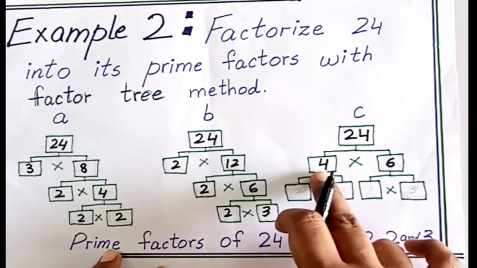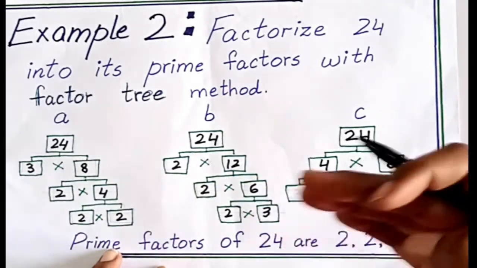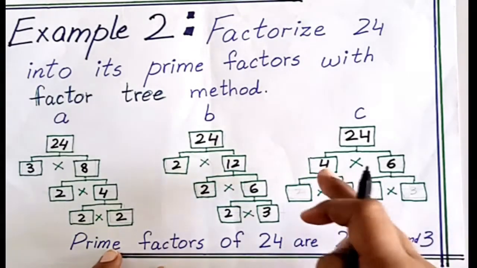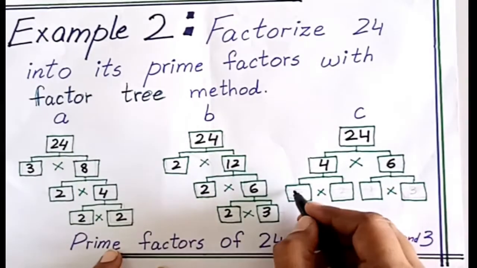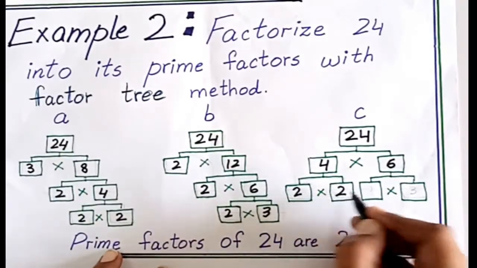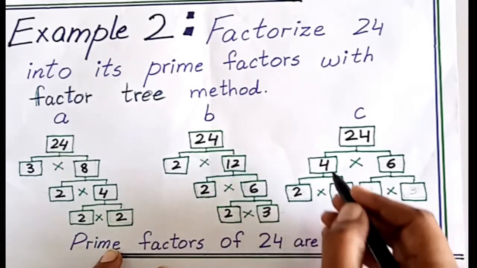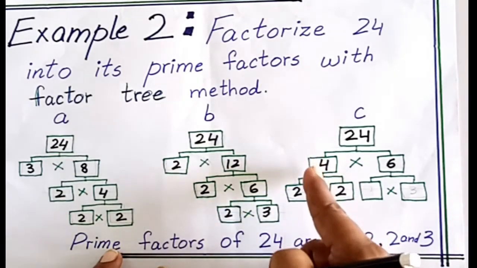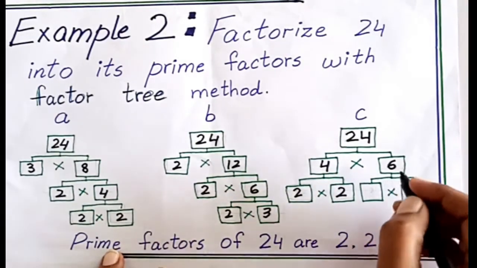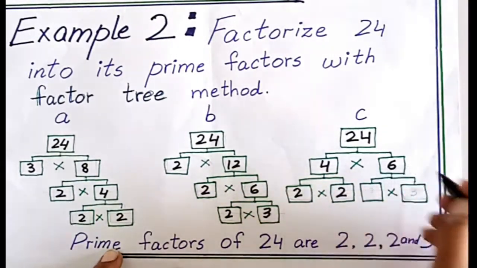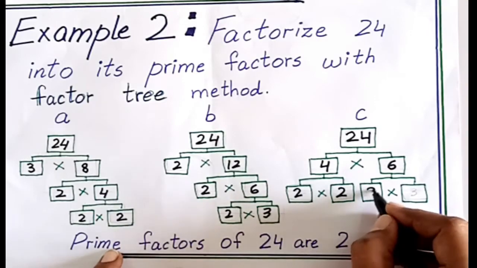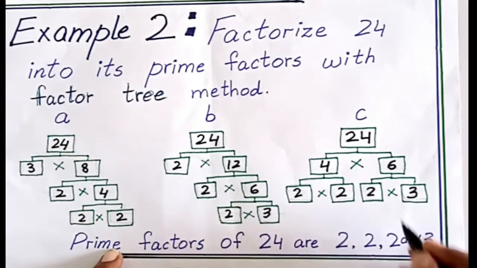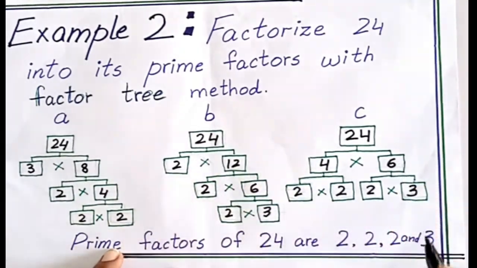Both are composite numbers, so we have to break them more. First we will break 4: 2 2s are 4. And now we will break 6 more: 2 3s are 6.